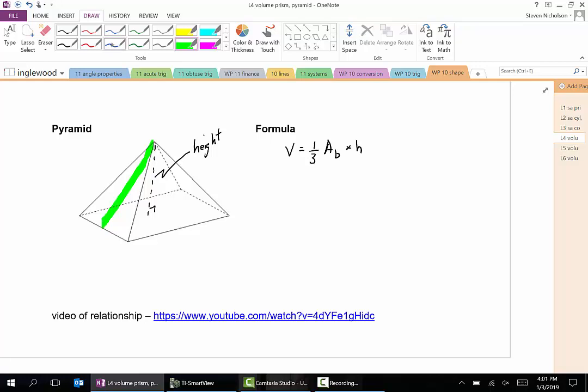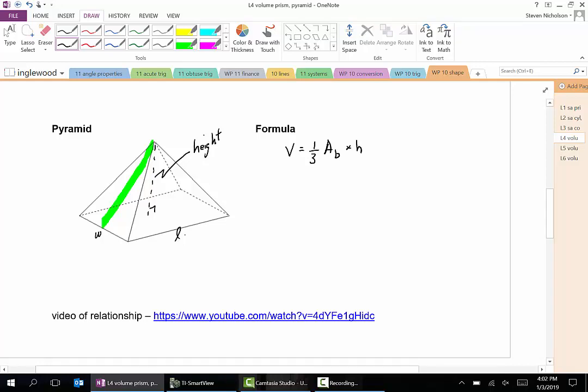So in this example right here, it's a rectangular pyramid because it has a rectangular base, but the volume is equal to 1/3 the area of the base times the height. Now, this is a really nice relationship.